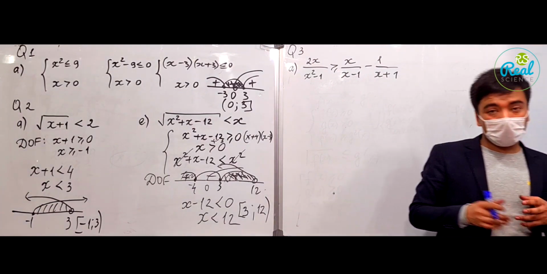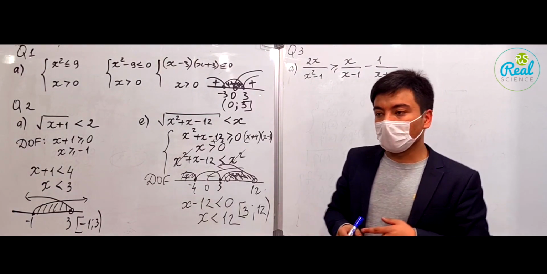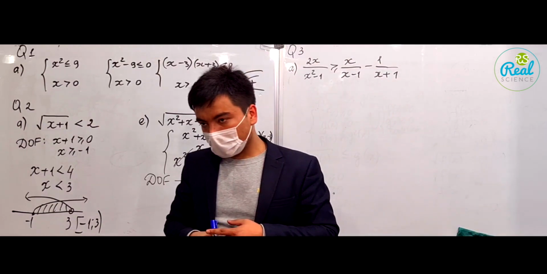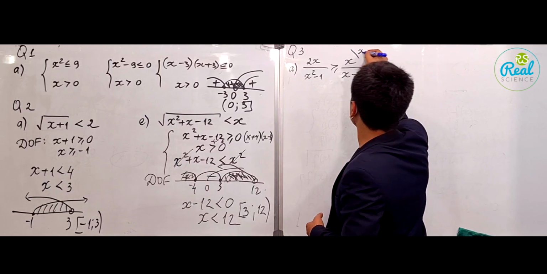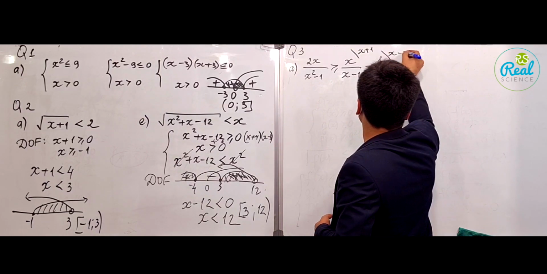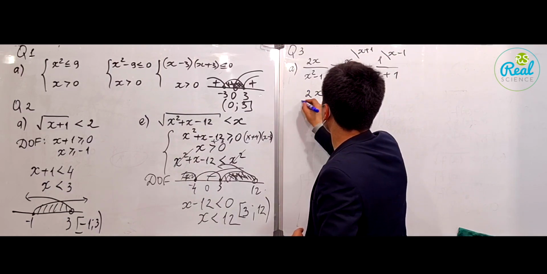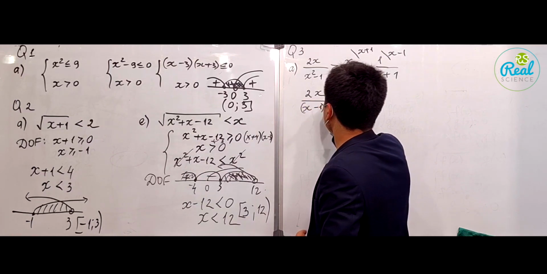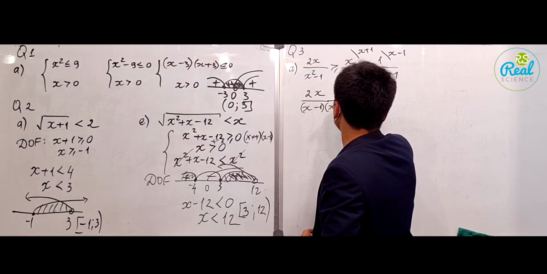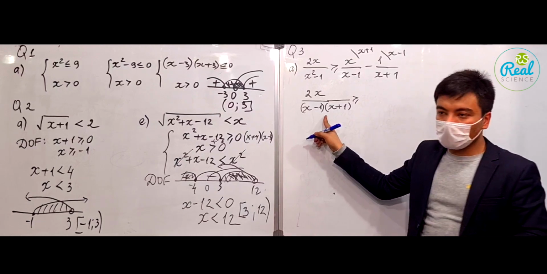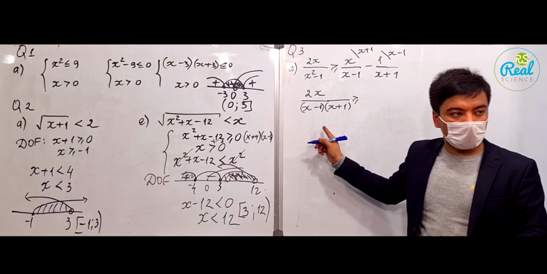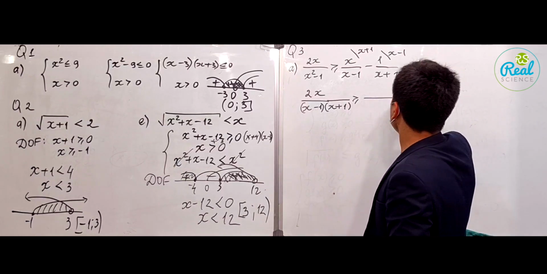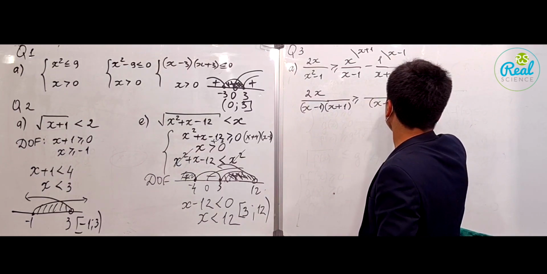And first of all, to solve this, we need the common denominator. Yeah? We'll find the common denominator. Here x plus 1, x minus 1. And this is x minus 1, x plus 1. Because this is the short multiplication formula, difference of squares. And here x minus 1, x plus 1.